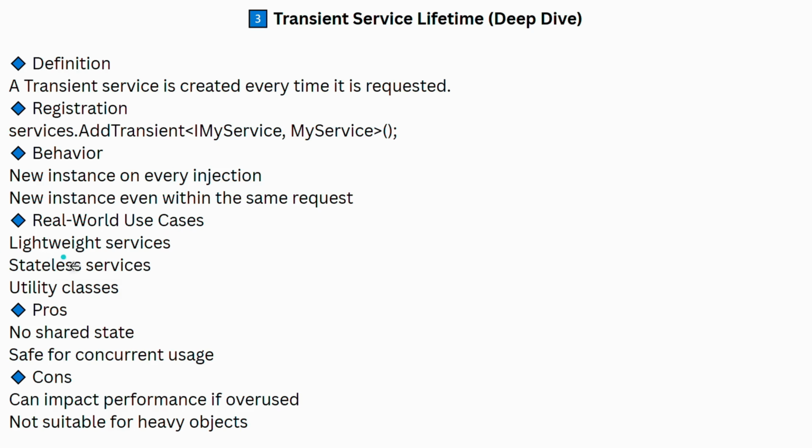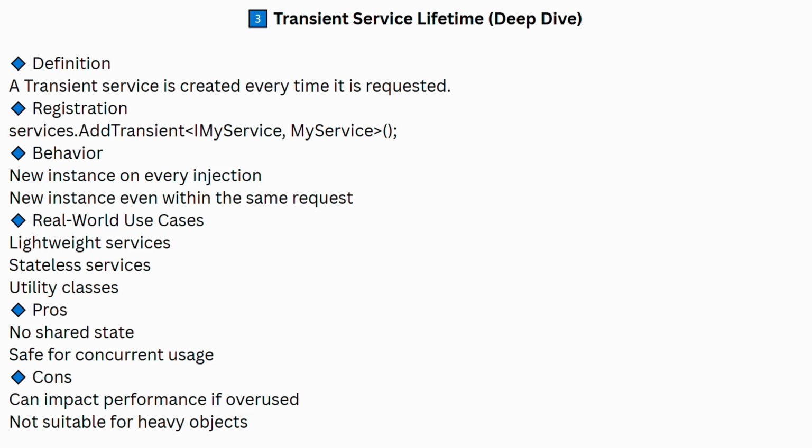Lightweight services. Definitely it should be lightweight, because if you are creating an object of a particular service at multiple levels, then the service should be lightweight. You are not going to use it for caching a list of data that takes huge memory, because when you use transient, you inject at different levels according to your need.